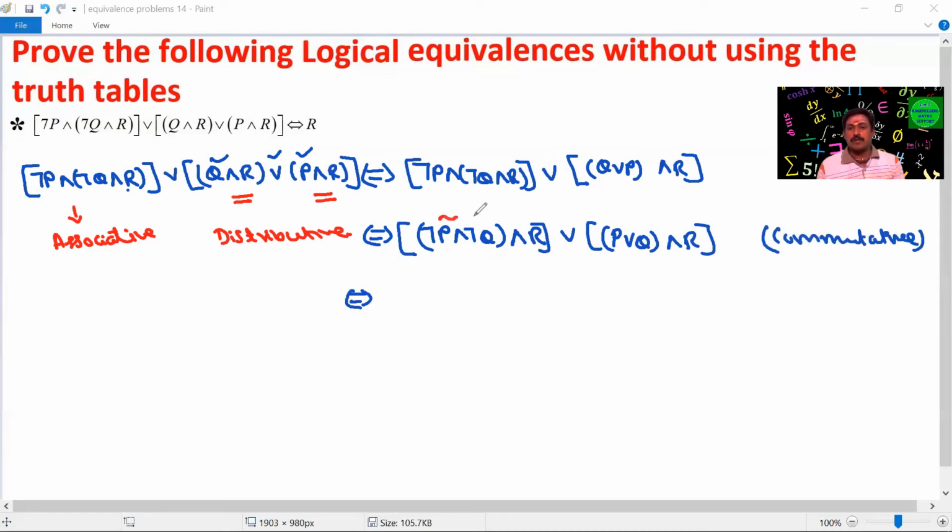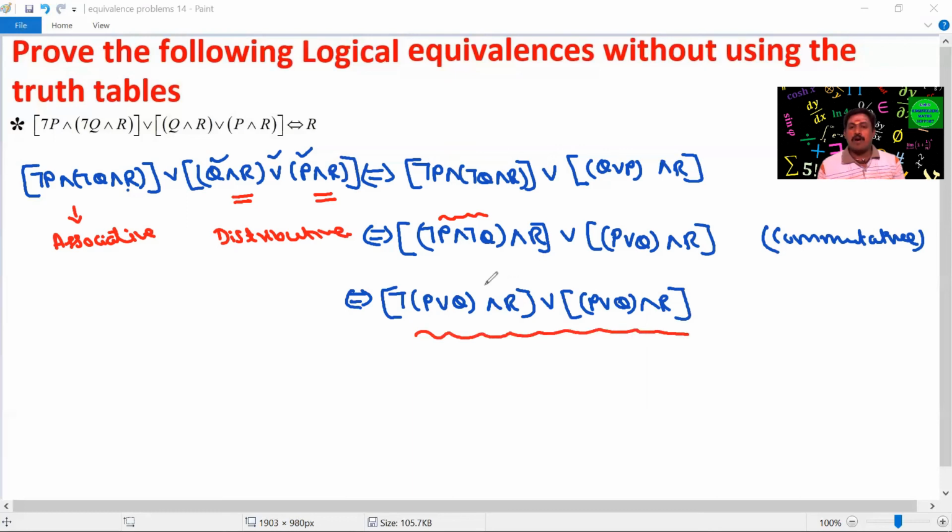If you observe this bracket term, we have to take a not common. If you take not common, not of P or Q, and here we will get P or Q and R. Now if you observe this entire term, there is a common form, and or. So therefore we can apply distributive law to get the next step.